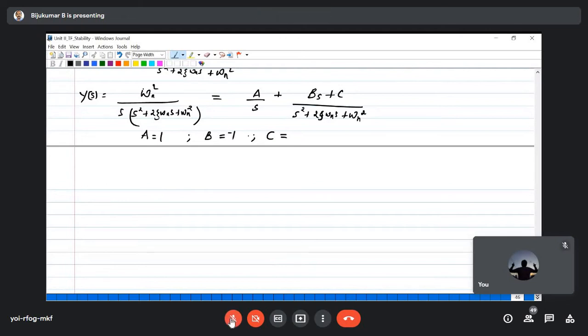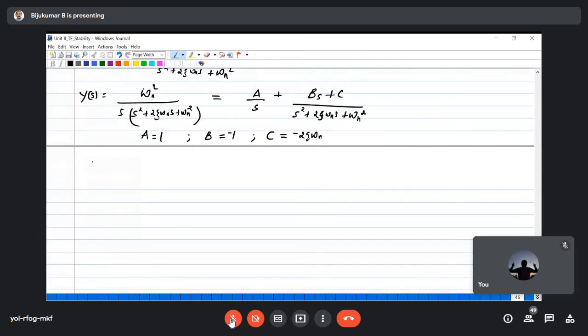Okay, what about C? Minus 2 zeta omega n, right?